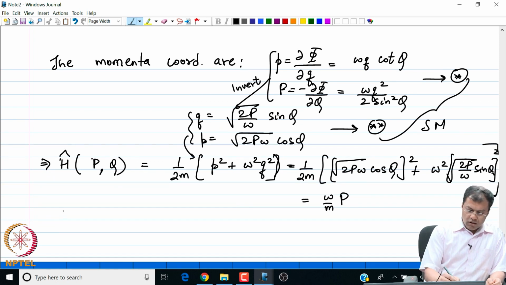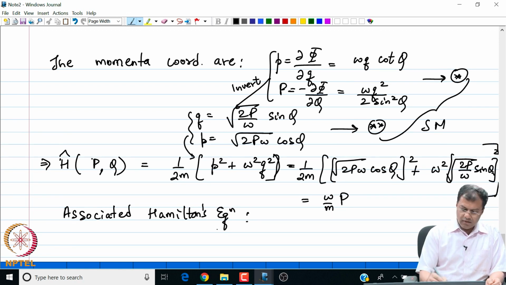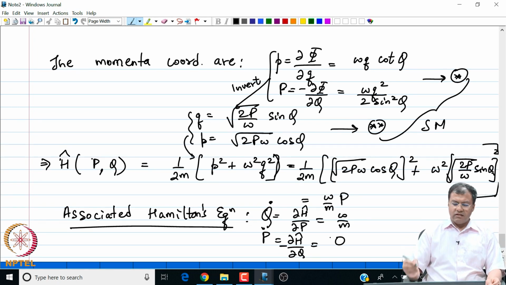Which means my Hamilton's equations in this frame, the associated Hamilton's equations, are: capital Q dot is del H hat del P, and capital P dot is minus del H hat del Q. From here I get that Q dot is omega by m by the relation that I have just found, and since H hat is independent of Q, I get that P dot is equal to 0.